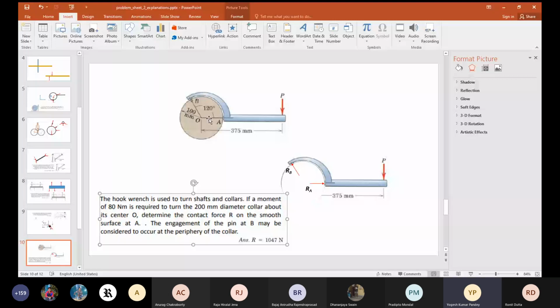Sir, you are not audible. Hello? Yes, sir, you are audible. One minute, I have to mute my other computer.